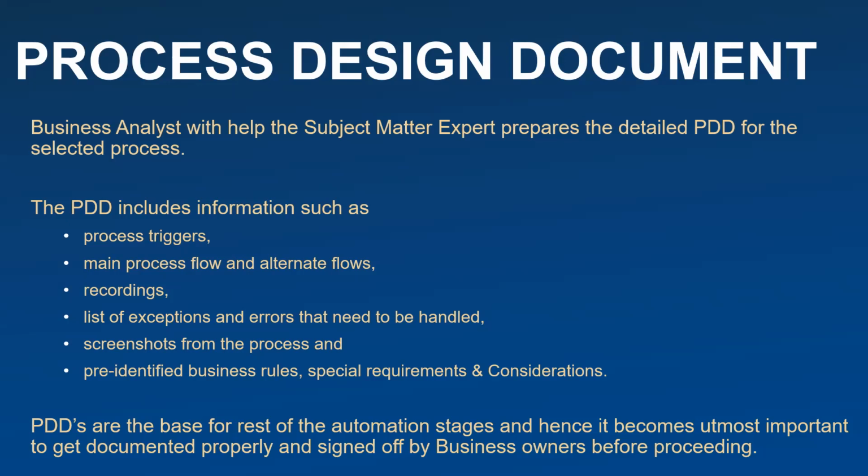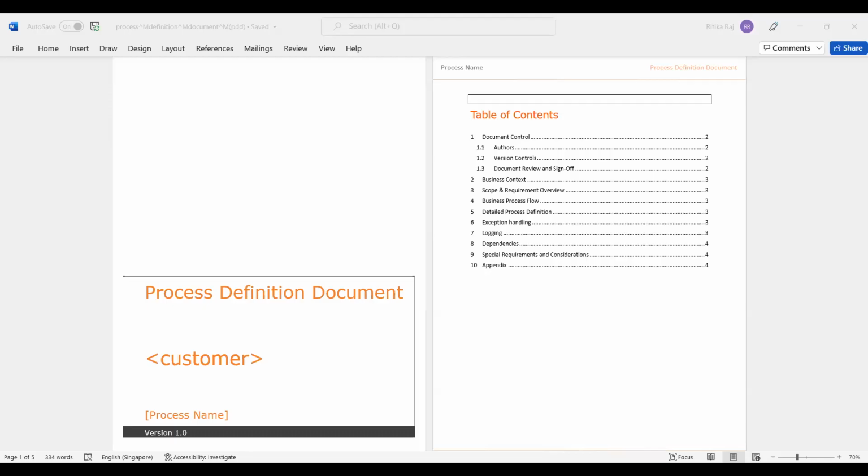So now let's see how the actual PDD looks and what all information it captures in detail. So like I told, the PDD, which is the process design document, is generally a Word document which is prepared by the business analyst or the SME, where the first page, which is your landing page, has the name of the process and the customer.